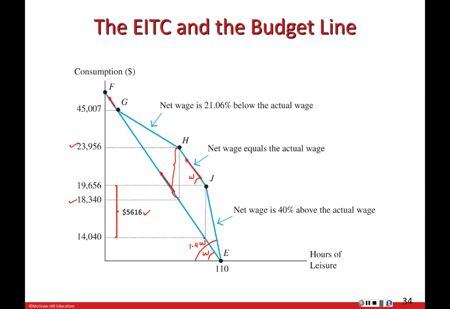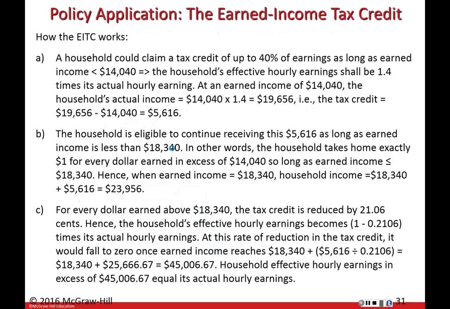But by the provisions of the law, if even $1 is earned above 18,340 by selling labor, if labor income exceeds 18,340, then the government starts to reduce its earned income tax credit by 21.06 cents for every dollar earned.